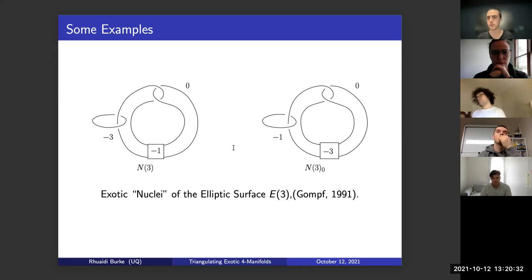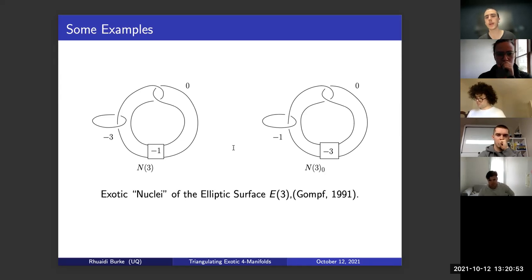Maybe that's simplifying things a bit too much, but there's a number of moves which basically amounts to, if you can get from one diagram to the other by this allowable set of moves, then they represent diffeomorphic four manifolds. So these are things like adding handles, canceling handles, if you know about handle decompositions.